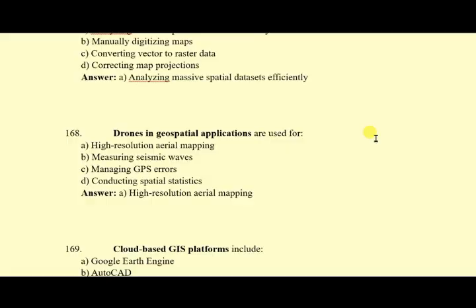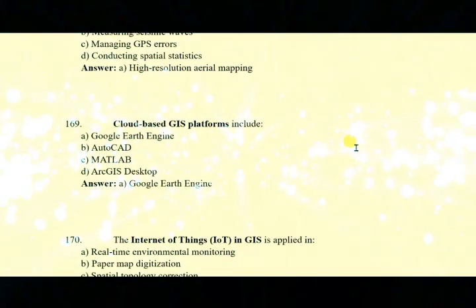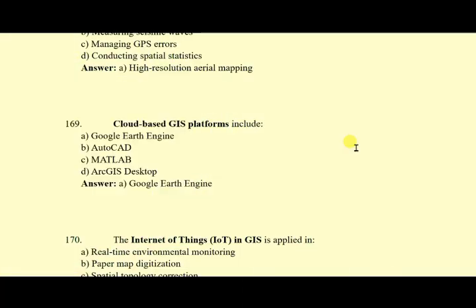Question 168. Drones in geospatial applications are used for high resolution aerial mapping, measuring seismic waves, measuring GPS errors, conducting spatial statistics. High resolution aerial mapping. Question 169. Cloud-based GIS platforms include Google Earth Engine, AutoCAD, MATLAB, ArcGIS Desktop.